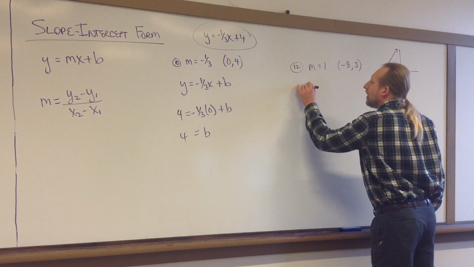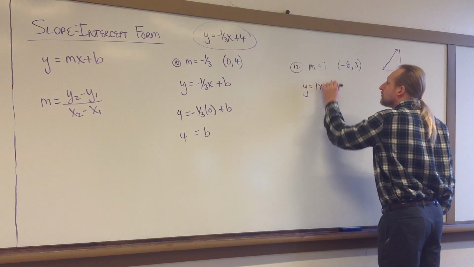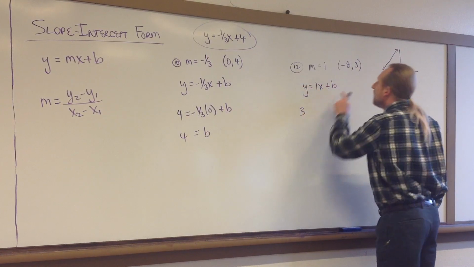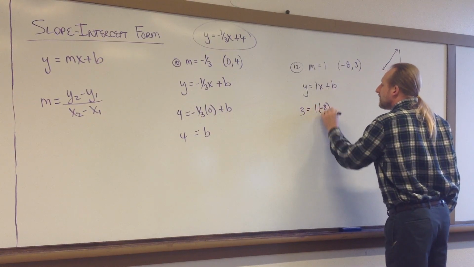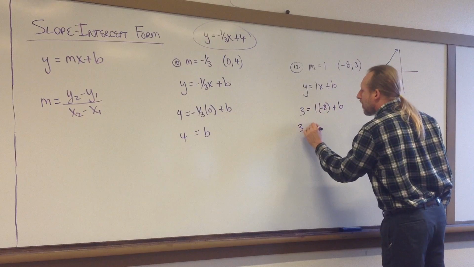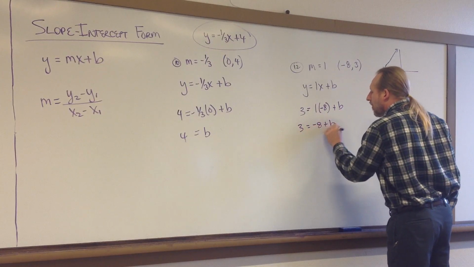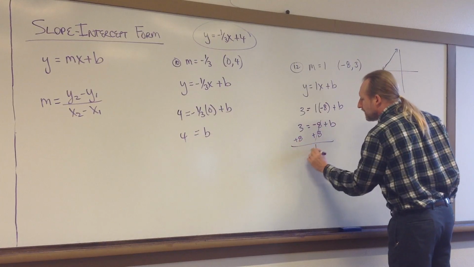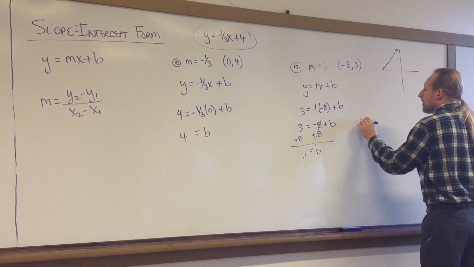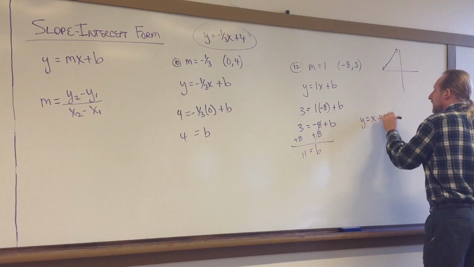All right, so our equation is going to be y equals 1x plus b. Then we plug in the 3 for the y and -8 for the x. And then we add 8 to both sides, so b equals 11. So our equation is y equals x plus 11.